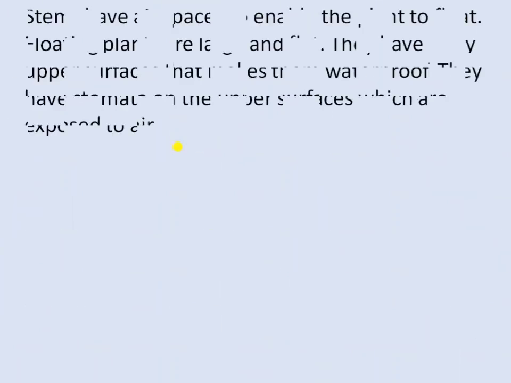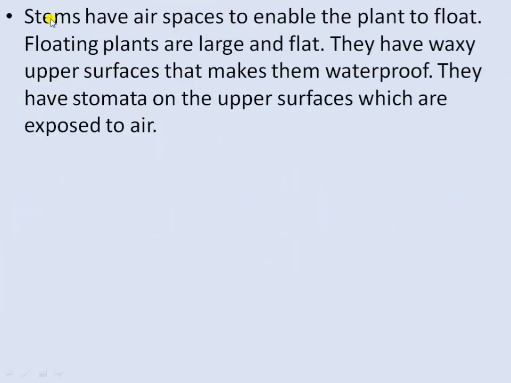Next is the adaptation in the stems of aquatic plants. The stems of aquatic plants have air spaces to enable the plant to easily float on the surface of water. The floating plants are large and flat, and they have a waxy upper surface on the leaves or stem that makes them waterproof.